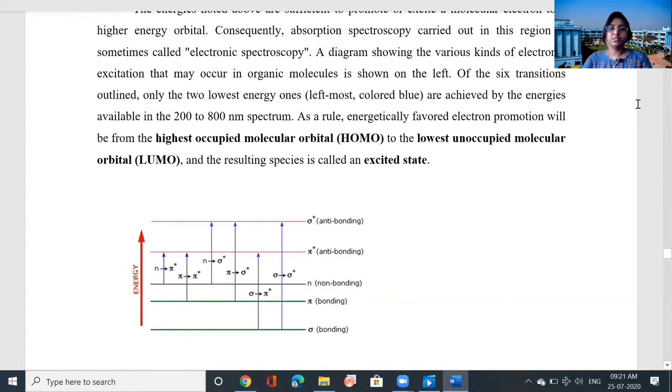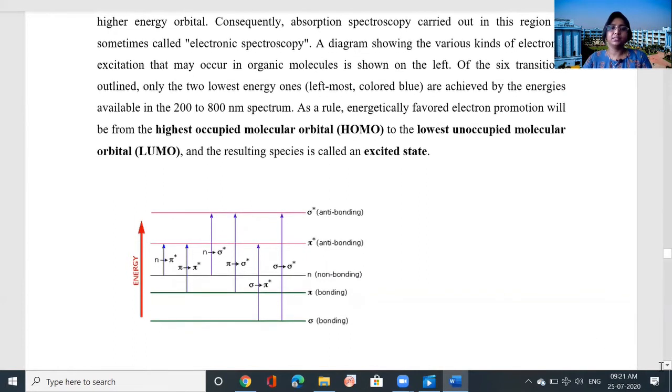Observe this figure, the energy levels are given. When electrons are distributed, there are energy levels for antibonding, non-bonding and bonding.